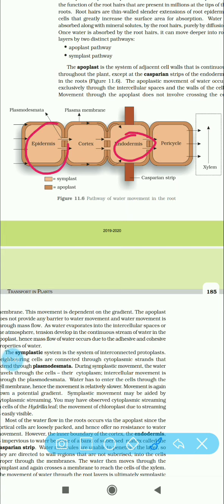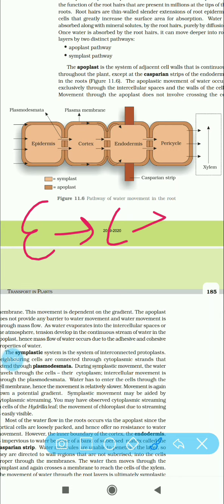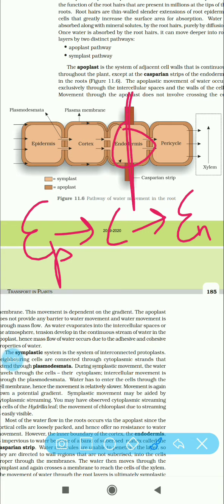Outermost layer, if you remember the plant anatomy chapter, is the epidermis, then we have the cortical part, and then we have the endodermis. So this apoplast pathway is followed through epidermis and cortex, and the problem only occurs at the endodermis. EP stands for epidermis, EN stands for endodermis. So here it will encounter the Casparian strips.